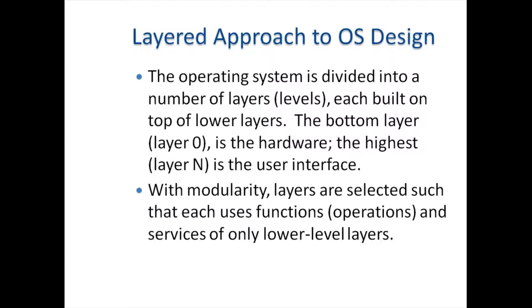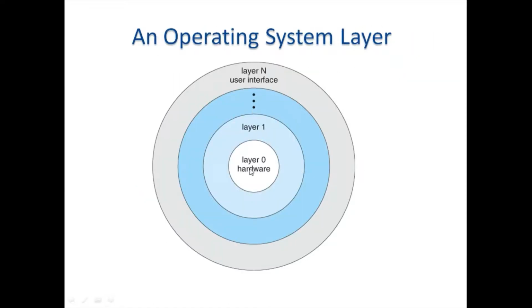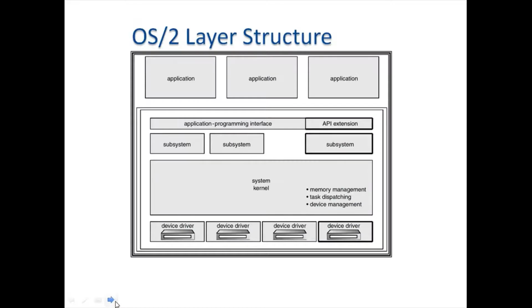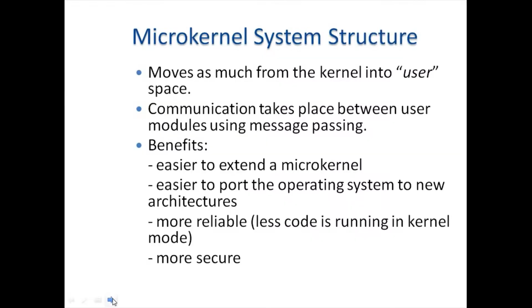With modularity, the layers are selected in such a way that each uses functions and services of only the lower level. So level 0 is the hardware, then the operating system, application software, then the user interface. This is another layer structure.